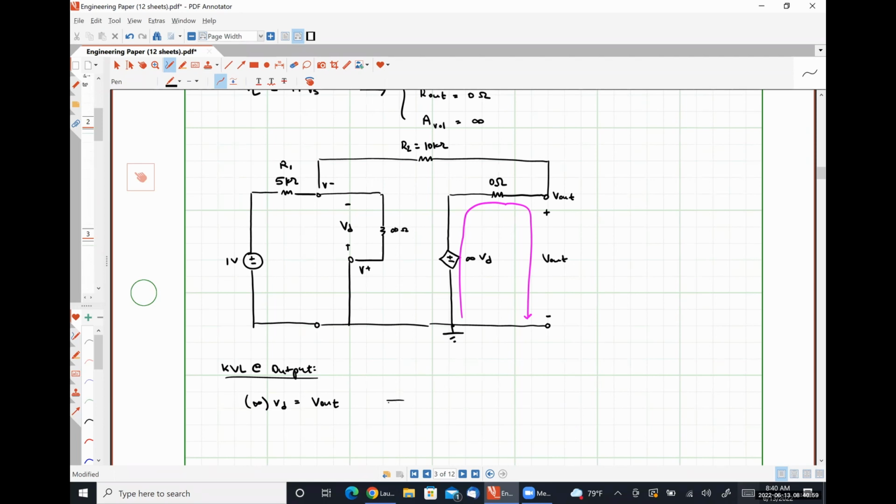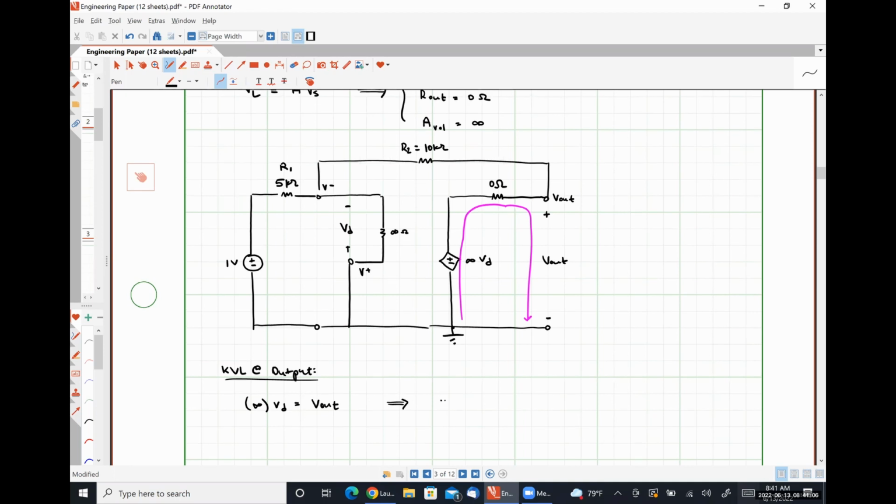And we can mathematically manipulate this very slightly to say that our differential voltage VD is V out, whatever it may be, divided by infinity, which implies that our differential voltage VD will be 0 volts.